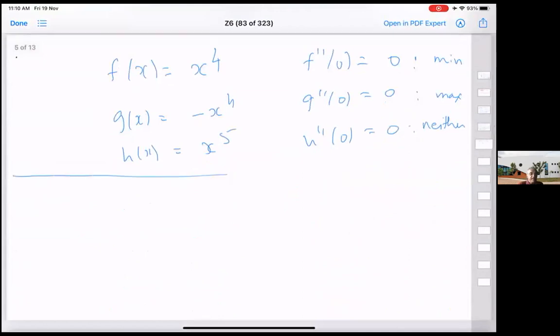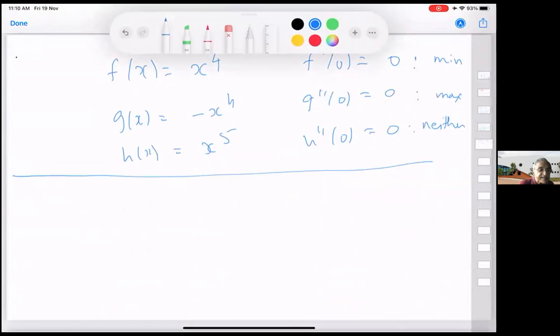This is where Taylor's theorem and that alternate version that I had talked about come in. So now suppose f, f dash, f double dash exist and are continuous, etc.